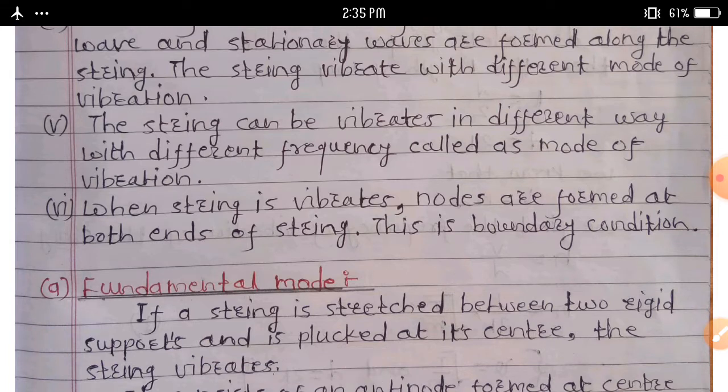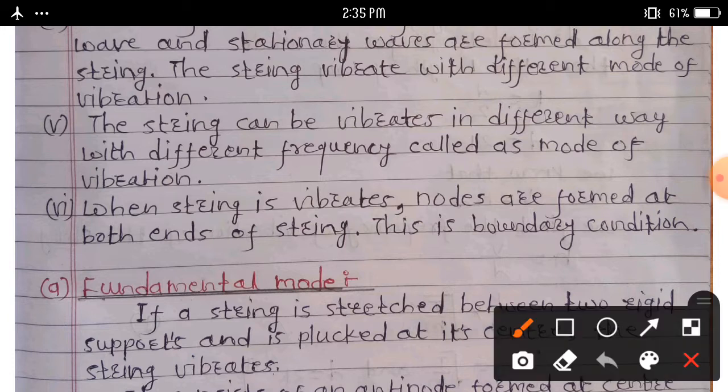The string can vibrate in different ways with different frequencies, called modes of vibration. When the string vibrates, nodes are formed at both ends of the string. This is a boundary condition.